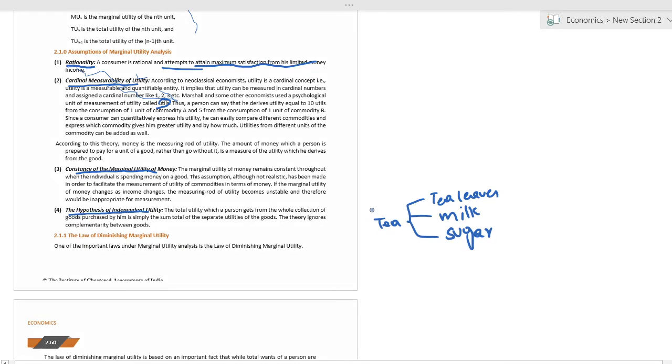If you consume tea, you will get one satisfaction. But if you consume these three separately, you will not get the same satisfaction as you get when you consume tea. That's why this theory ignores complementarity between the goods. I hope you understood it.